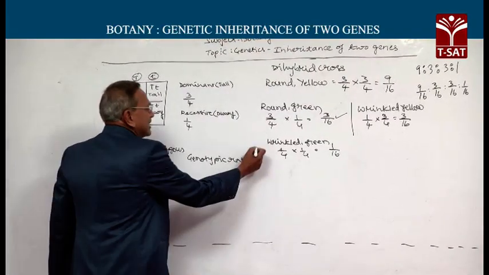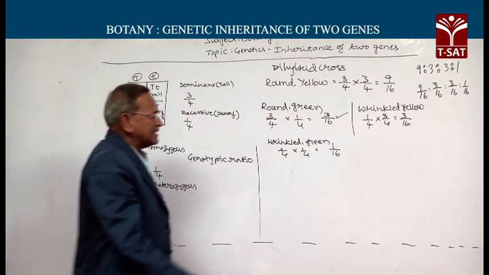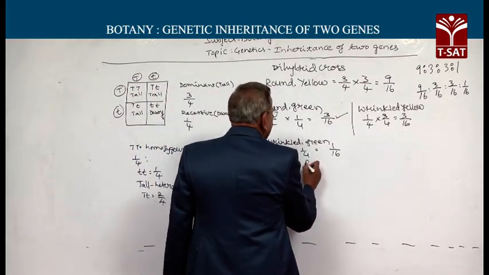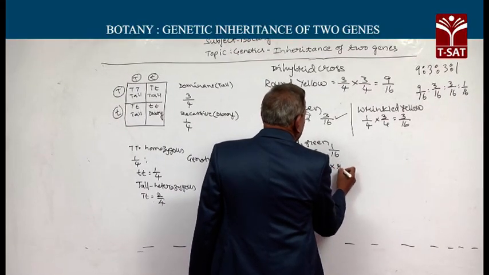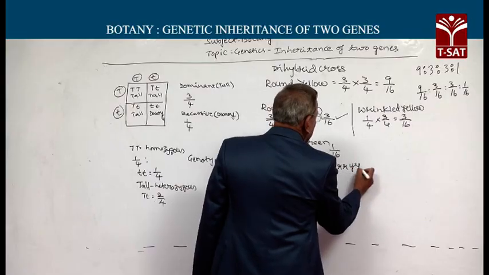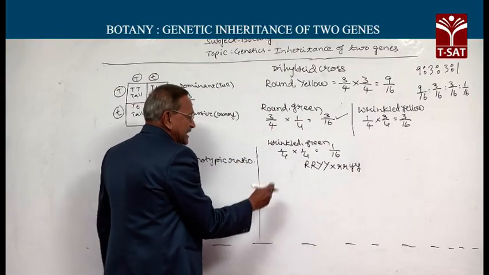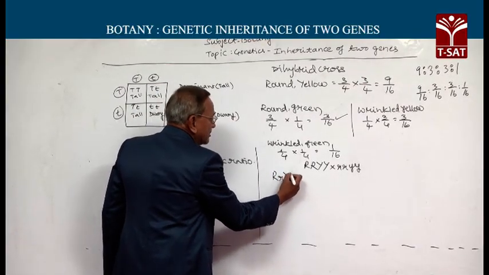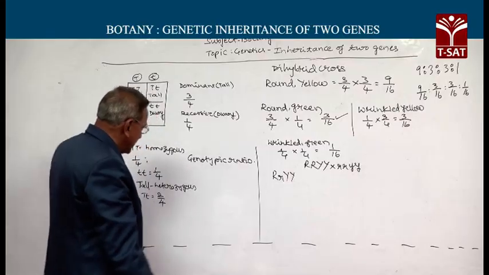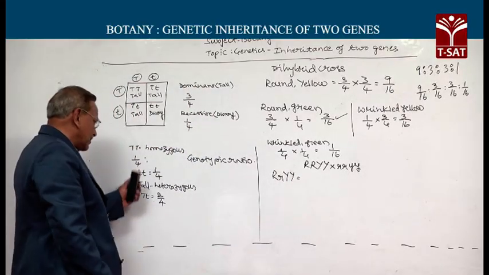Now let us consider a particular possible genotype in our dihybrid cross of parents involving capital R, capital Y, capital Y, small r, small y. In F2, I want to know how many progeny have, say, capital R, small r, capital Y, capital Y. And to find this out, Mendel has left us a great clue.